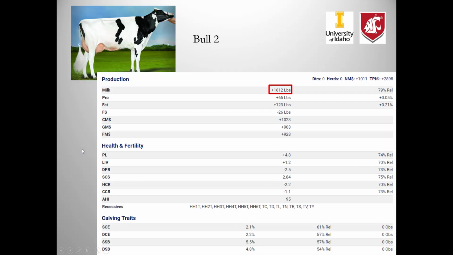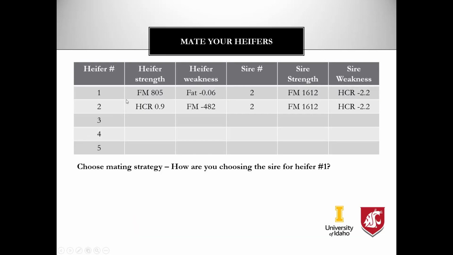When we look at this other bull, his value for milk yield is 1612. You can also see the rest of his production information, his health, and calving traits as well. Also, the reliabilities here are fairly low, so he's also probably a young bull. So when we look at heifer number 1, her strength is her fluid milk, which her value is 805.